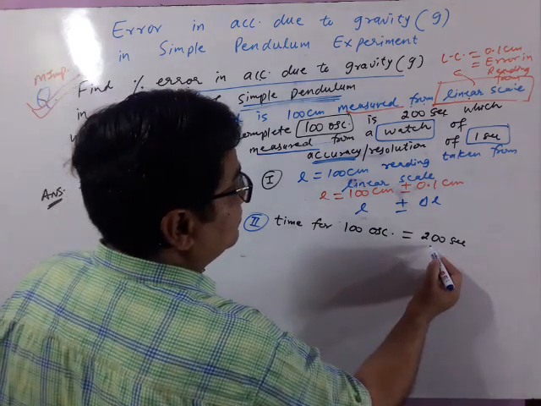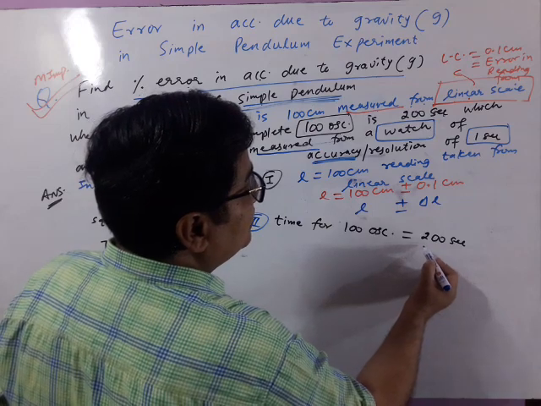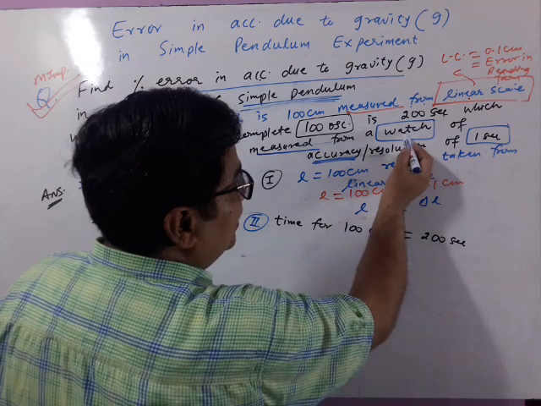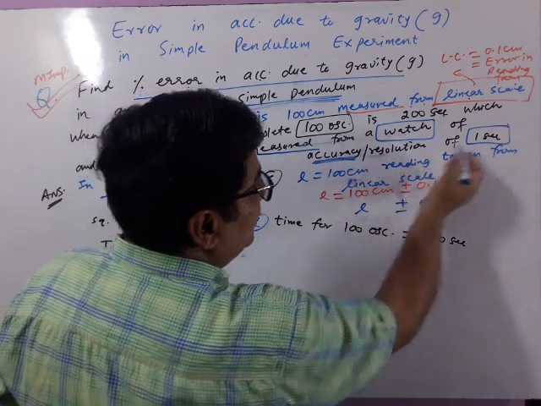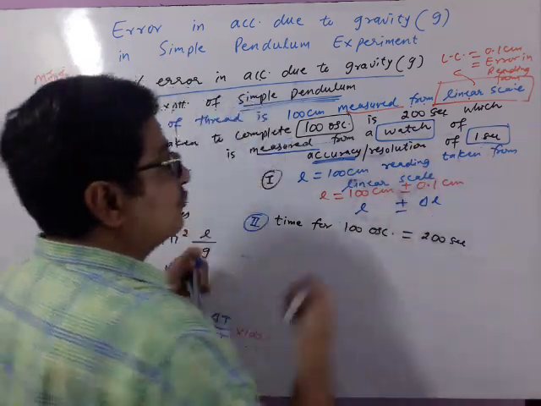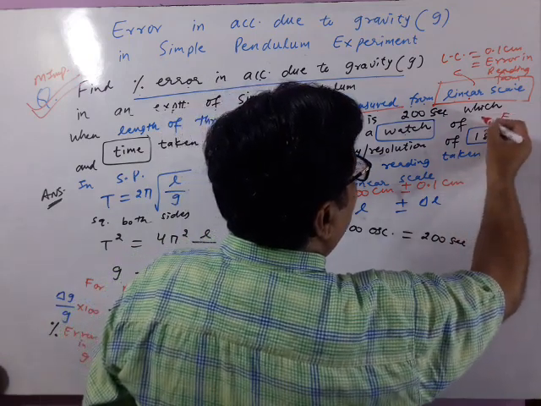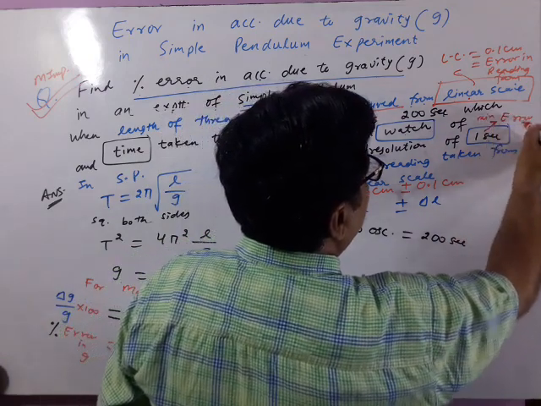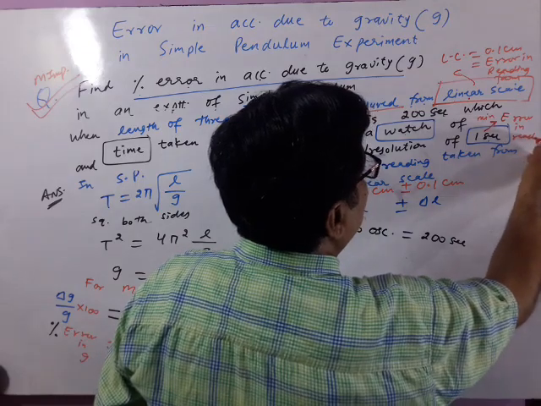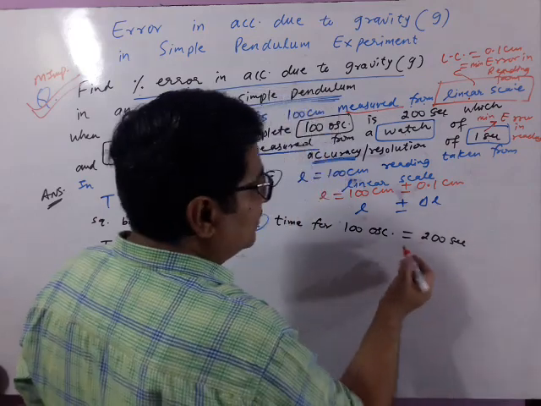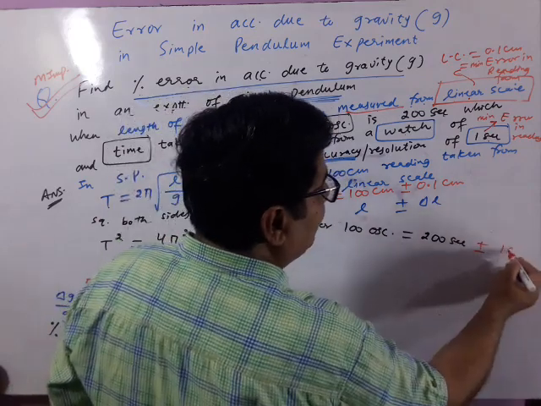This is reading. Focus. This is reading 200 seconds. Now taken from the instrument having accuracy 1 second. So when it is accuracy, it is minimum error in reading. That is called error in reading or minimum error. So you will say error is 1 second.